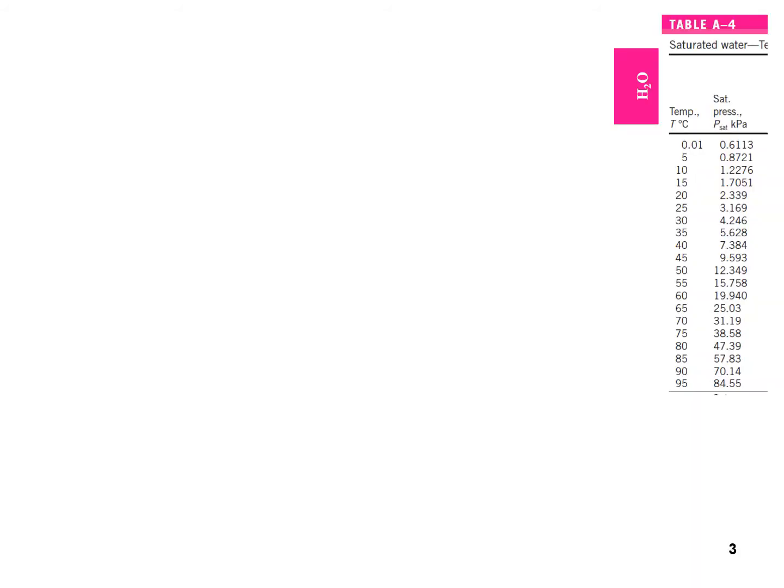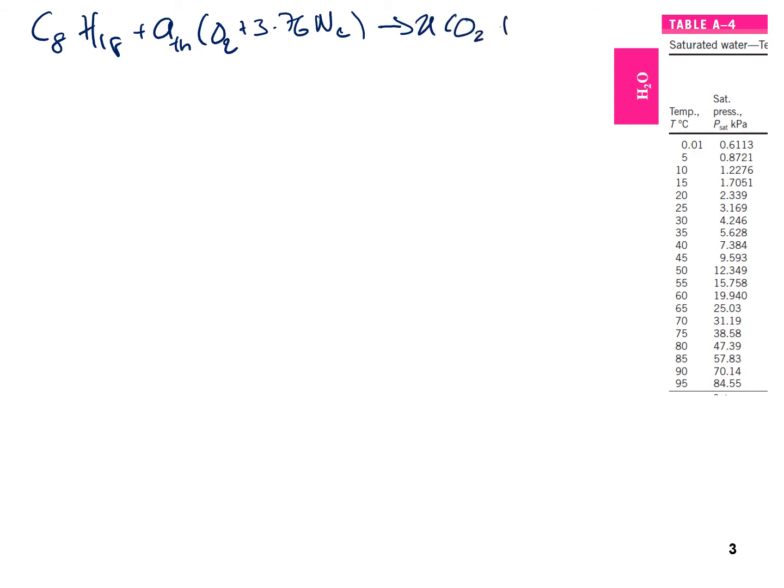Initially we have done the chemical balance for the problem, which is C8H18 plus a theoretical O2 plus 3.76 N2 gives X CO2 plus Y H2O plus Z N2.